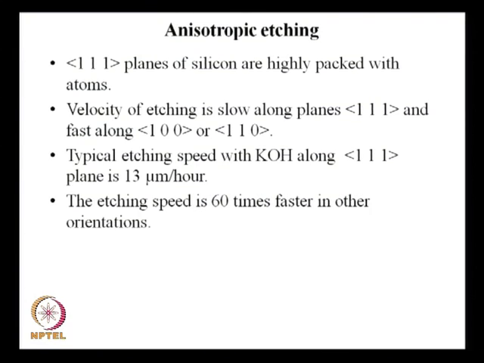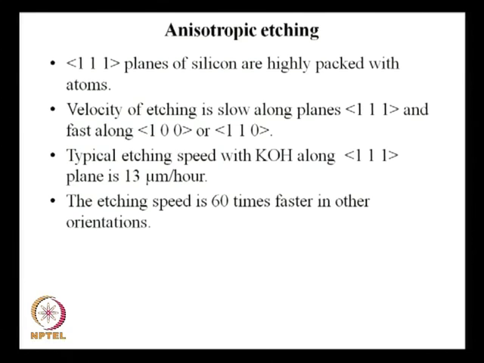Because of this structure you have 1 1 1 planes of silicon which are highly packed. This 1 1 1 refers to the Miller index. In the last class we discussed what Miller index is, and you have to look into how these are defined.